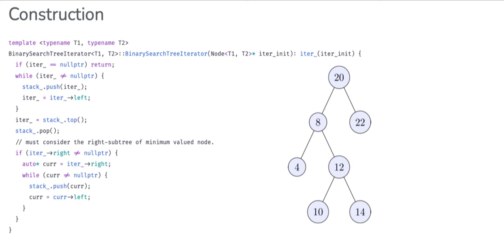In the updated version of the constructor, we ensure that the stack is satisfactorily populated with the current node's successor by removing first the minimum value node from the stack and assigning it to iter. And then we check whether the minimum value node has a right subtree. If it does, we write an iterative statement to walk to the minimum value node of the right subtree, pushing each node encountered along that pathway to the stack.